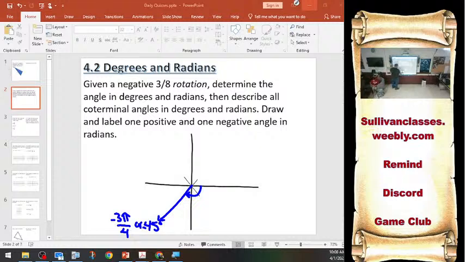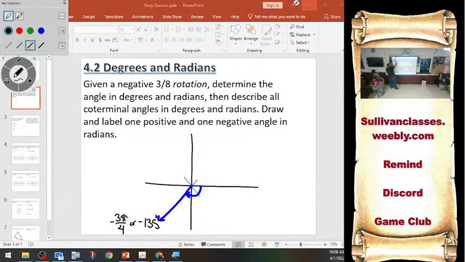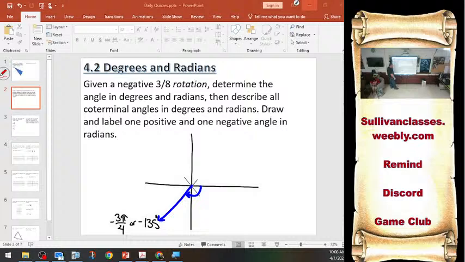I just did reference angles last hour and then Frank crapped out on me. Negative 3 pi over 4 or negative 135 degrees. There we go. One coterminal angle in both. Gotcha.